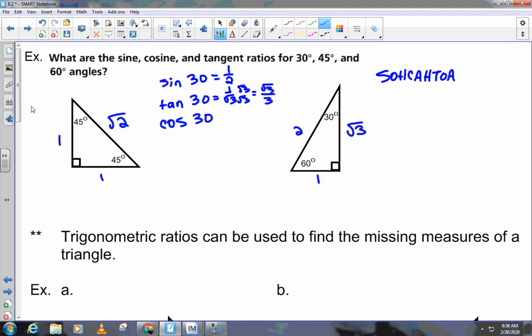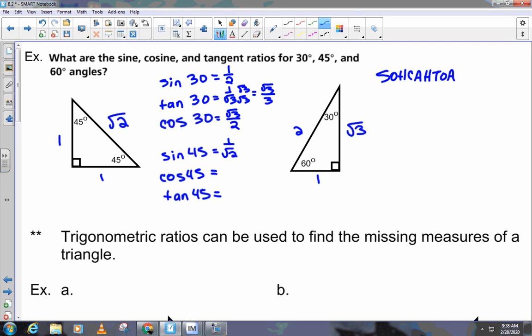What about the cosine of 30? Radical 3 over 2. And I don't have to do anything to that one, right? Okay, then I'm going to find the sine of 45, the cosine of 45, and the tangent of 45. Okay, so the sine of 45, it doesn't matter which 45 I use, again, is opposite over hypotenuse, so what would that be? 1 over radical 2.